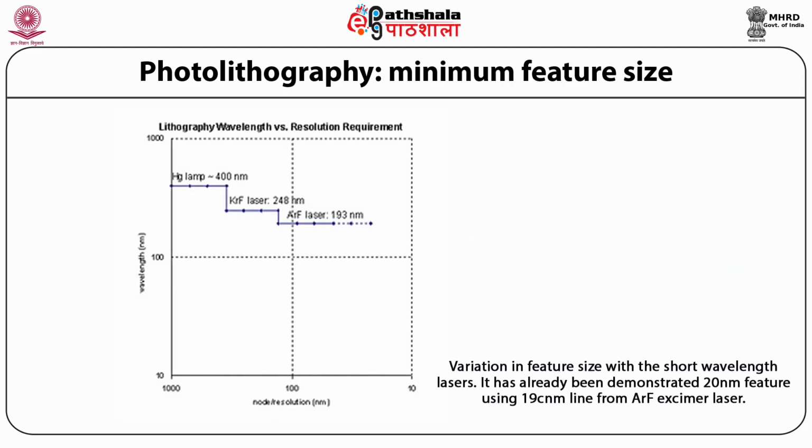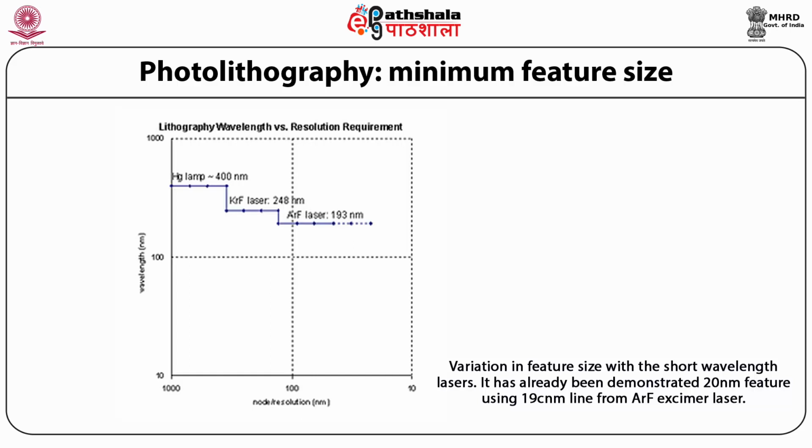In order to have a higher resolution, the photolithographic systems use ultraviolet light from gas discharge lamps, which generally emit light across a broad spectrum with several strong peaks in the UV range.